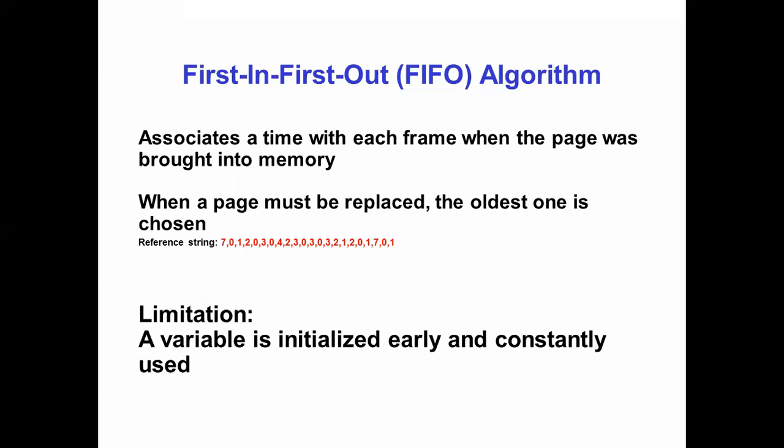When a page must be replaced, the oldest one is chosen. If an old page exists, we can replace it with the new one. If there is no existing page, that is a pure page fault condition, and we can use demand paging, or pure demand paging.